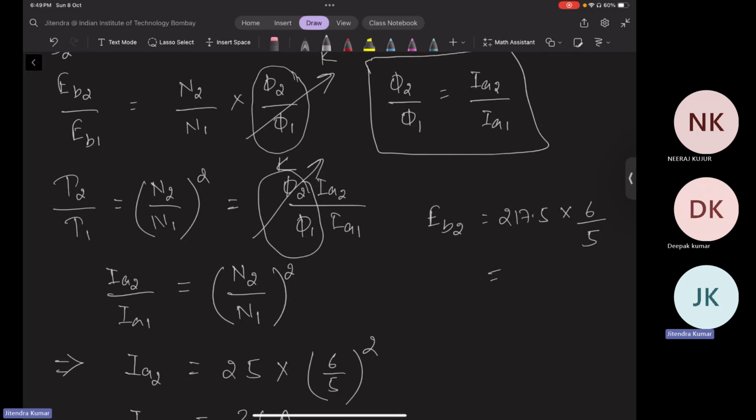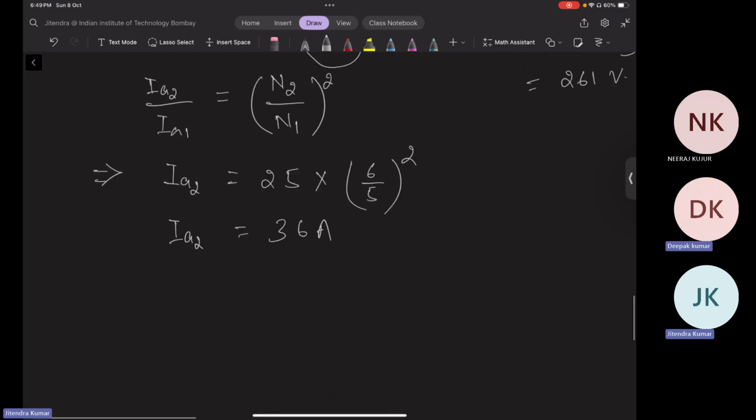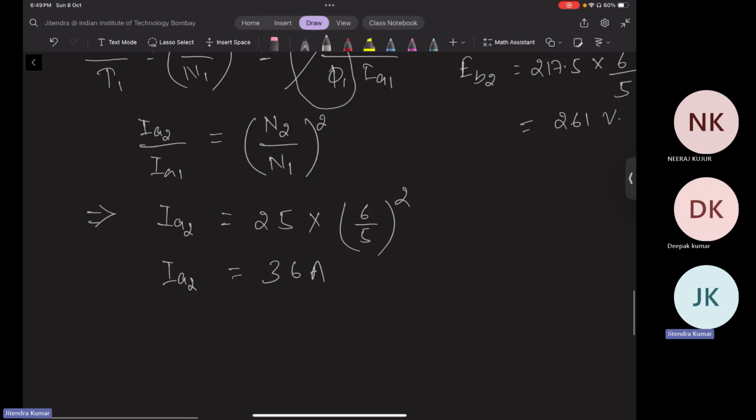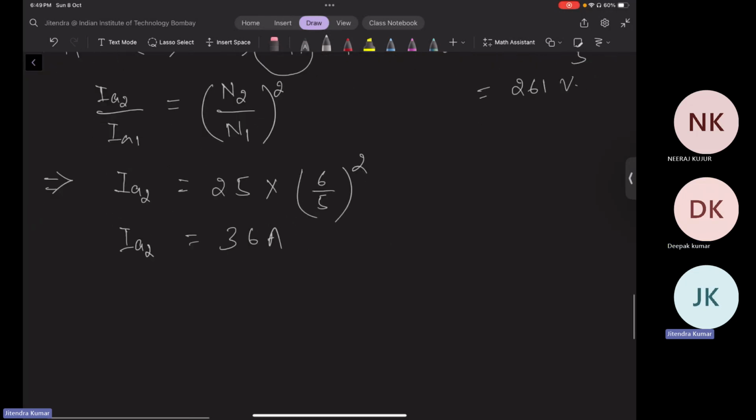It will be 261 volt. So EB2 we have as 261 volt, and IA2 we again have. So we can calculate here VS2, which is EB2, 261, plus 36 into 0.5. So this will be our new supply voltage at this speed.